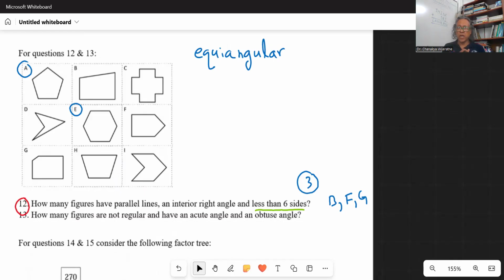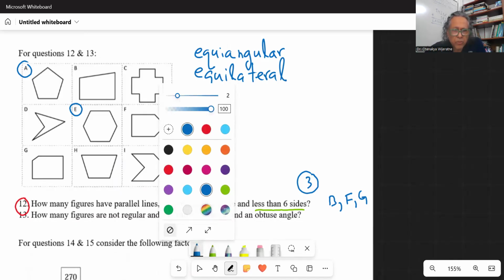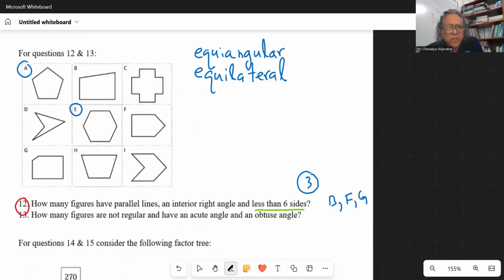Equiangular. And then each side has the same length, so equilateral. So A and E, we need to strike them out. So we don't worry about them.